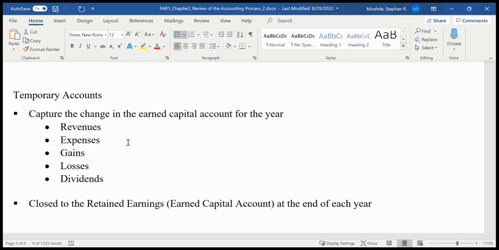Now, you'll learn a lot more about revenues versus gains and expenses versus losses, but I'll introduce the concept here. Revenues are amounts we earned in our ordinary course of business. They're related to inflows of wealth that we earned by doing what it is our company does.